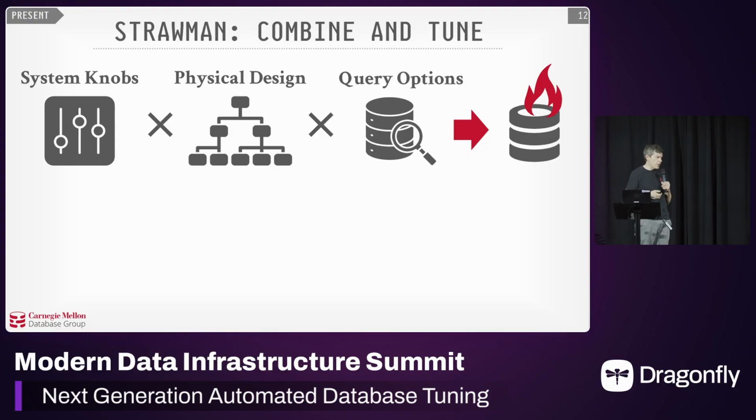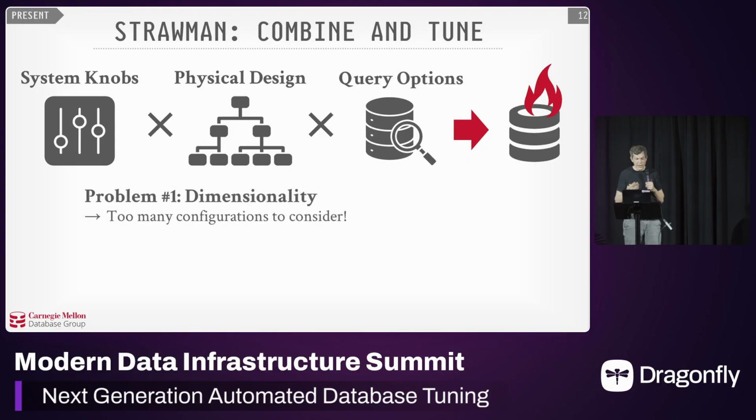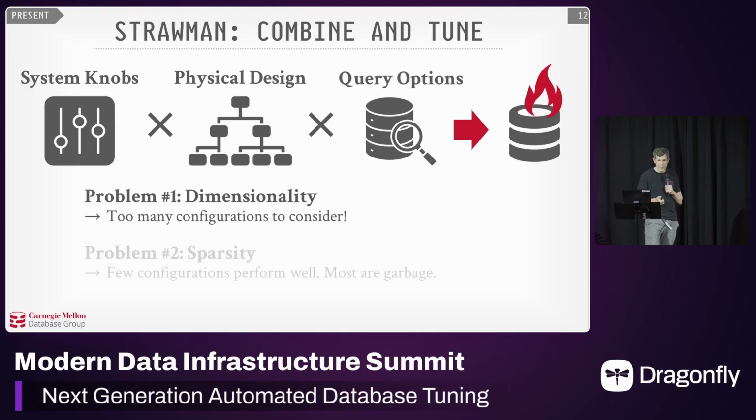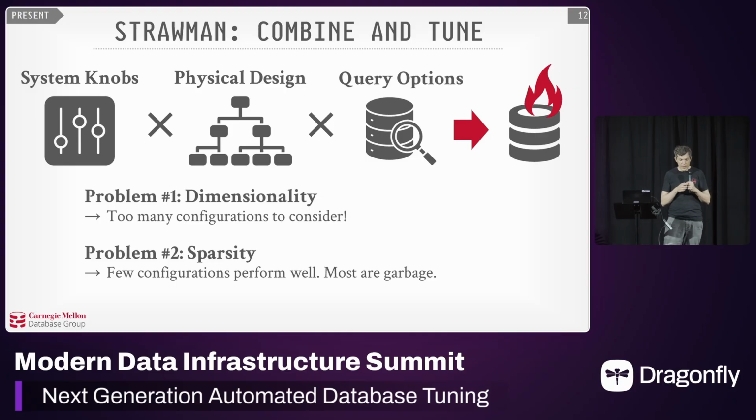So why is this so difficult? Why is this a bad idea? Well, obviously, there's going to be a lot of configuration choices we could have, and so the algorithm spends a lot of time crunching on things before it actually starts converging and coming up with good results. The challenge also is that the problem space is really sparse, meaning the number of possible configurations we could have is massive, but the number of valid or helpful configurations is very, very low, right?